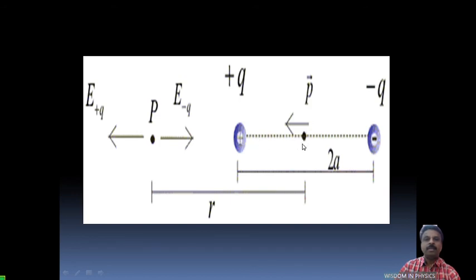But this is the midpoint, therefore this is a, this is also a. So from the whole distance r, because we have to calculate the distance from this point to this point, you have to subtract this. r minus a is the distance for calculating the electric field due to the positive charge. To calculate the electric field due to the negative charge, you have to add a to r. So you will get r plus a in that expression.